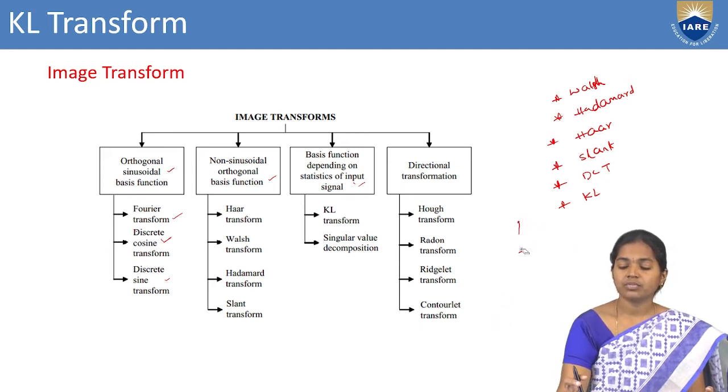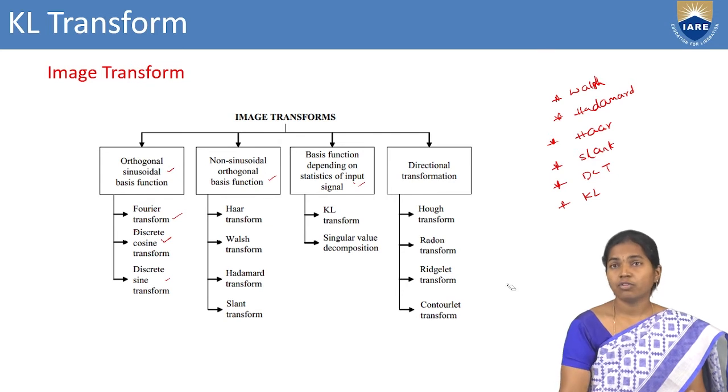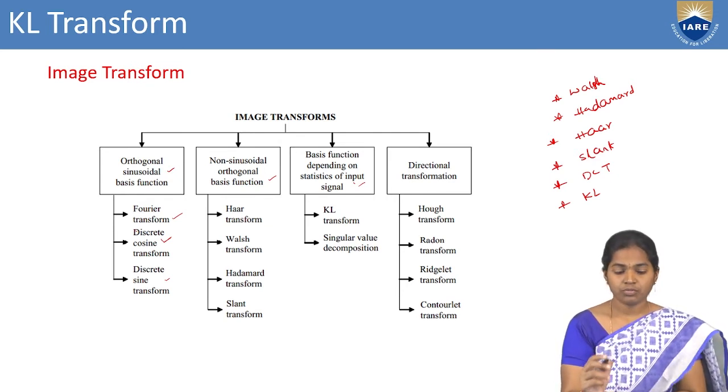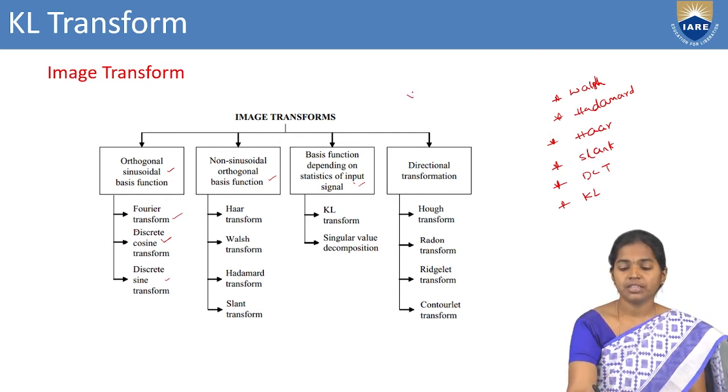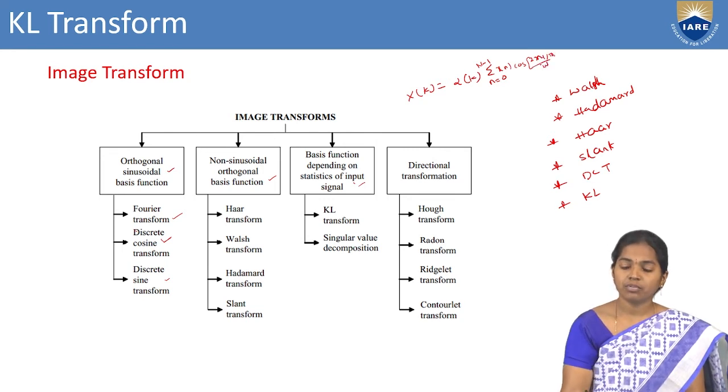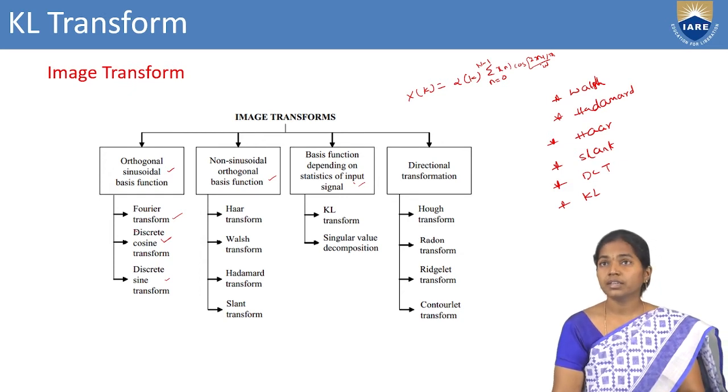In the discrete cosine transform, what formula are we using? X of k equals alpha of k times the summation for n equals 0 to N minus 1 of x of n cos of (2n plus 1) pi k by 2N. This is the formula we use for the discrete cosine transform.